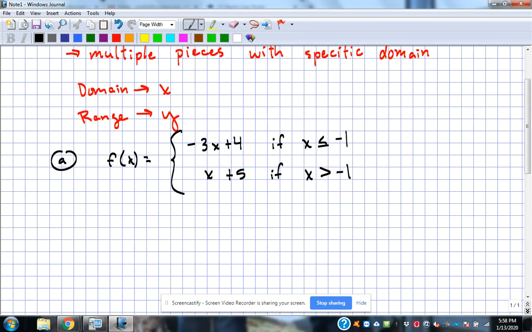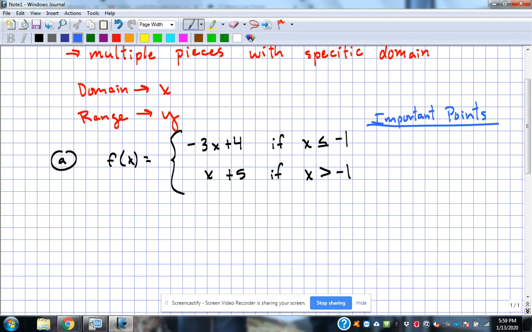Okay, so when you're trying to graph these functions, what makes it easier for me, and I think helps you understand it, is finding what I call important points. Each piece is going to have at least one important point.